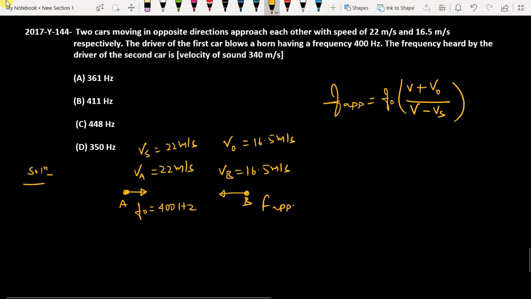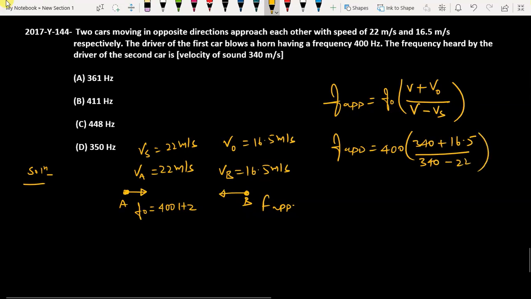So if you put the values here, you will get 400 into 340 plus 16.5, and this is 340 minus 22, right?